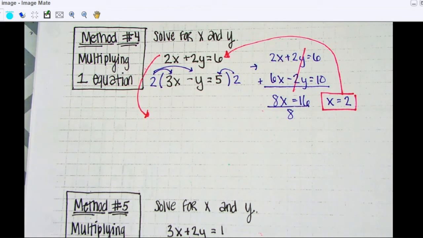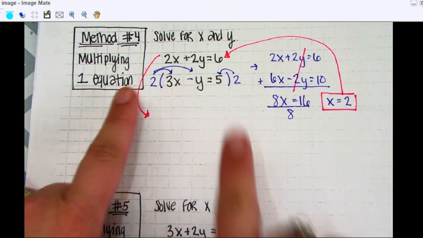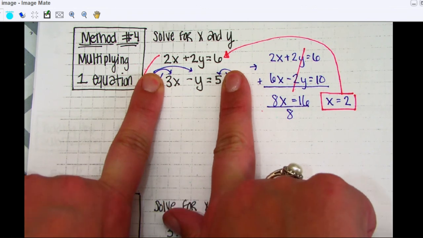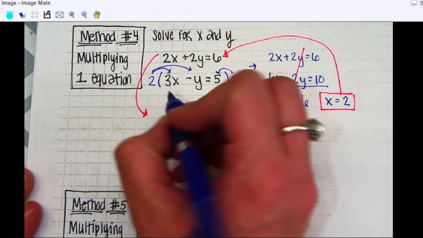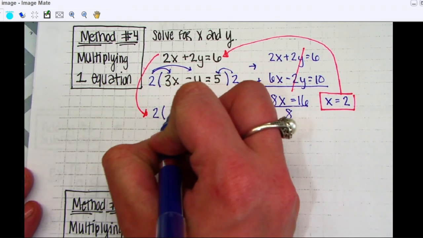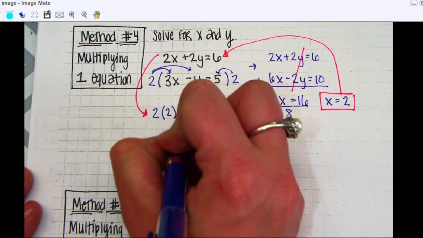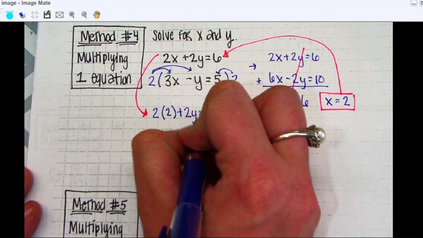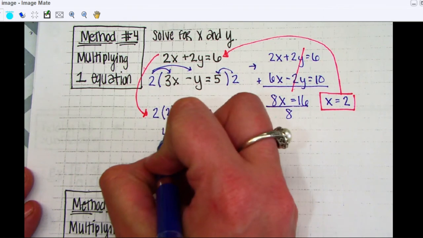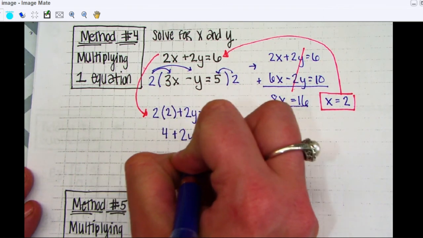The arrows should help you stay organized, I hope. Always substitute into the original. Now, if you wanted to substitute into the bottom, just ignore the 2's, and you can plug it in here. But don't plug it into one that you've manipulated. So 2 times 2 plus 2y equals 6. 4 plus 2y is 6.